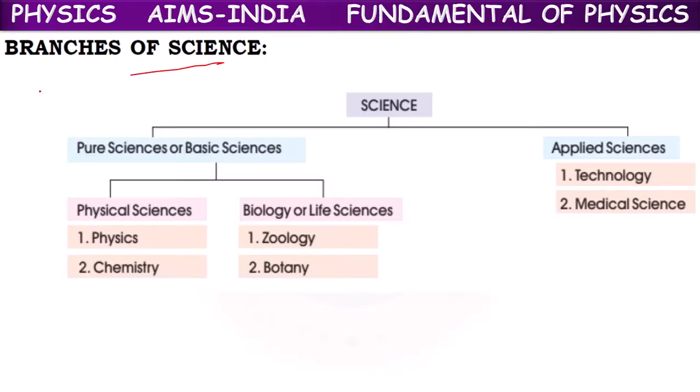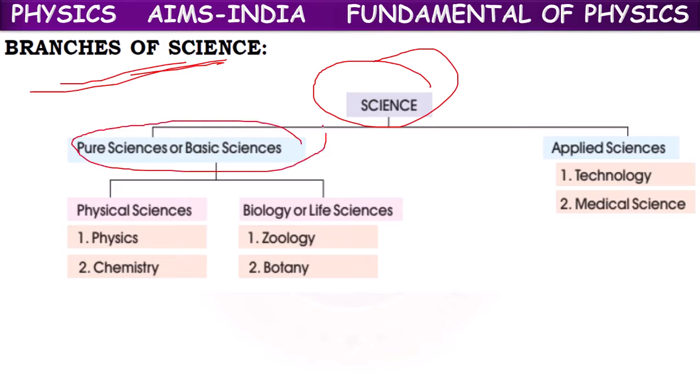So here we have branches of science. In science, we have so many branches. First, one main branch is pure sciences, or we call them basic sciences. And one more branch, applied sciences.